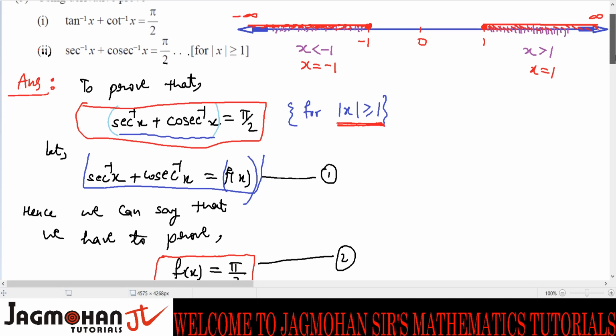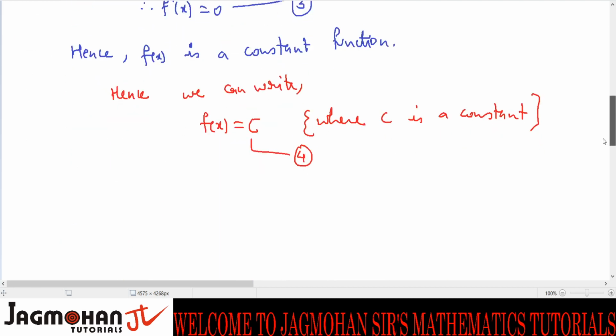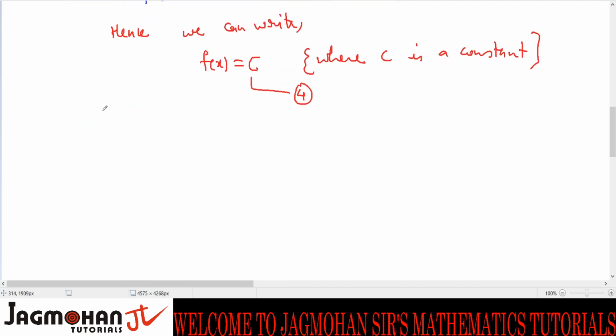If you remember, we had assumed f of x to be sec inverse x plus cosec inverse x. So I substitute here and see what I get. Therefore, f of x was sec inverse x plus cosec inverse x. Therefore we have sec inverse x plus cosec inverse x equals to c.